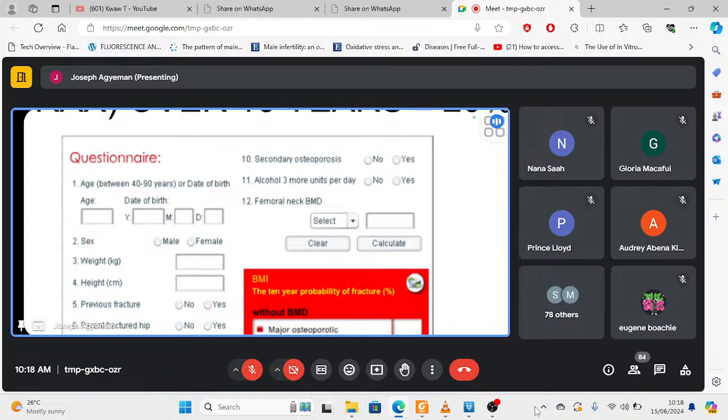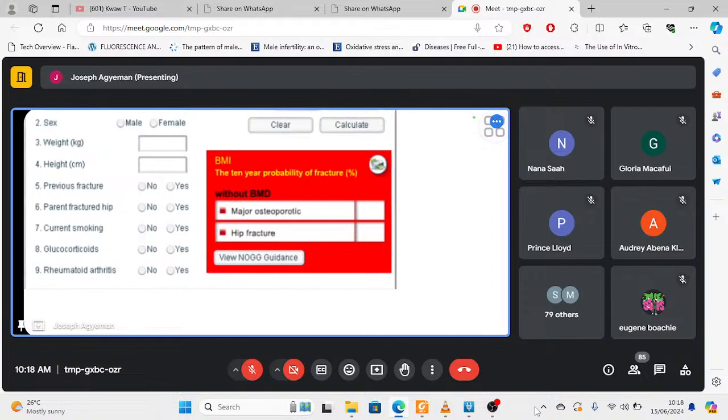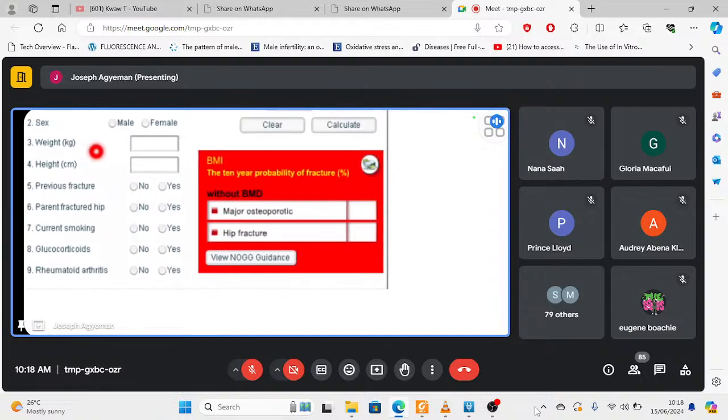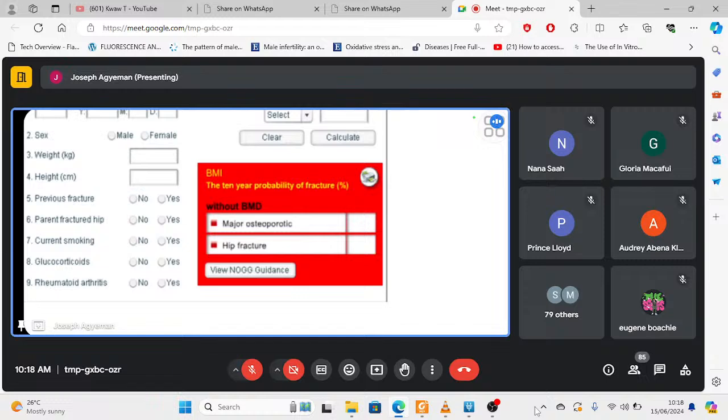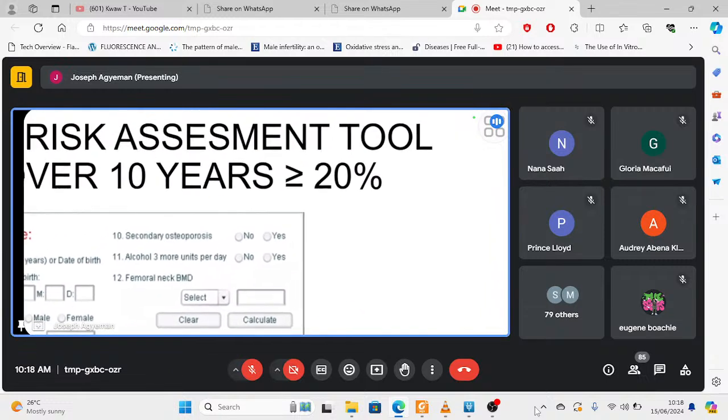Sex is another risk factor. Your weight, small stature, your height, previous fracture or previous issues with fracture. That's another risk factor. You can modify this one. The parent fracture, so family history is also there. Smoking, the use of glucocorticoids, cortisol, the presence of rheumatoid arthritis. So it is all about the presence of the possible risk factors.